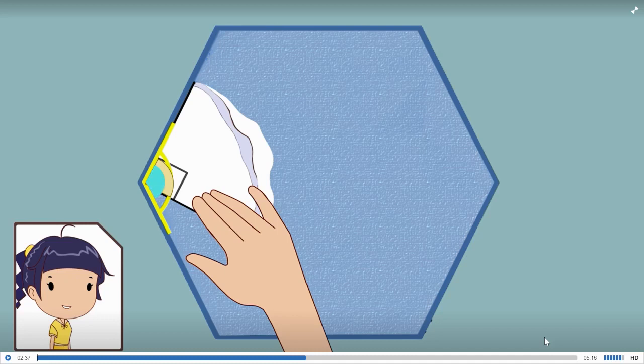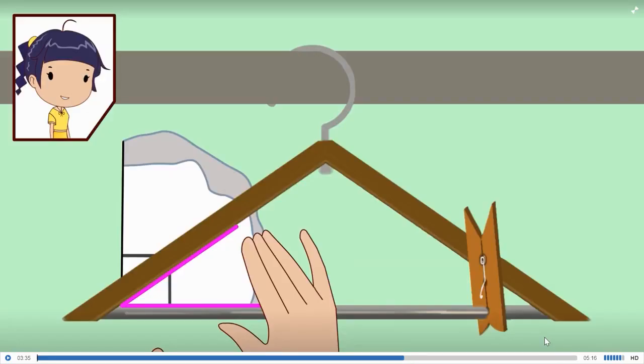She's able to conclude that the angle formed by the floor mat is greater than the right angle. Next, she also compares using the paper and the clothes hanger, and she finds that the amount of turning formed by the clothes hanger is smaller than the folded right angle.